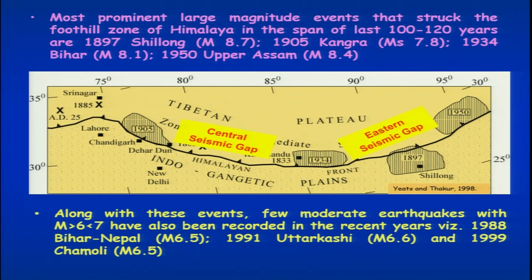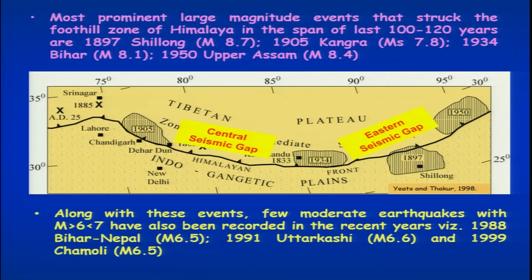And this Shillong earthquake, which I was mentioning, was not along the plate margin, it was south of the plate margin. Hence, a few research groups have excluded this from this tectonic, and they consider that these were the three major events which ruptured the Himalayan region or the Himalayan plate boundary, and the seismic gap exists.